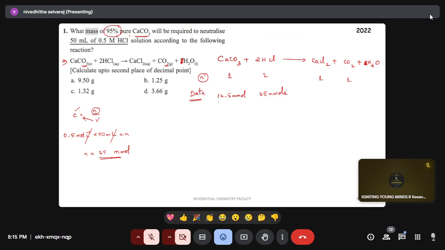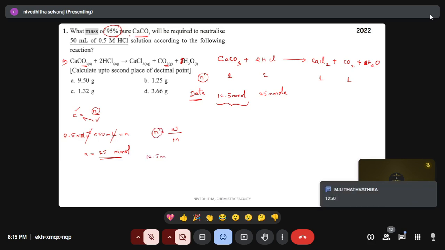So we have to convert this number of moles of calcium carbonate to weight, in terms of gram. After which we have to calculate how many grams of 95% calcium carbonate are required. So first find the gram of calcium carbonate from this 12.5 millimole. What is the relationship? Number of mole is equal to given mass divided by molar mass. Number of mole is 12.5 millimole.